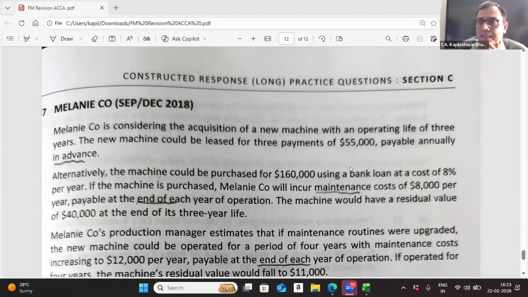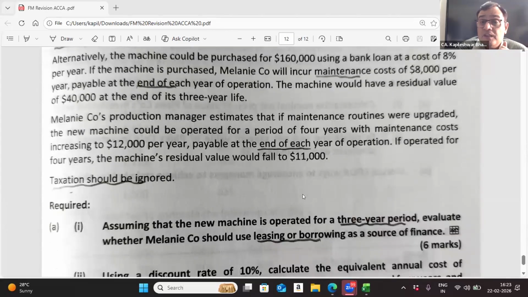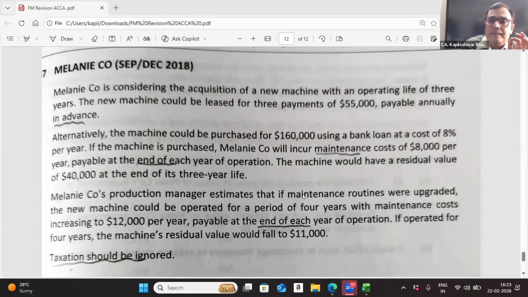Okay, so let's read the inputs out here. Let me first read. The worst part of the question is that the taxation stands ignored. Now it says, assume that the new machine is operated for a 3-year period. Evaluate whether we should lease or borrow as a source of finance. So let me just take an input on the details given in the question.